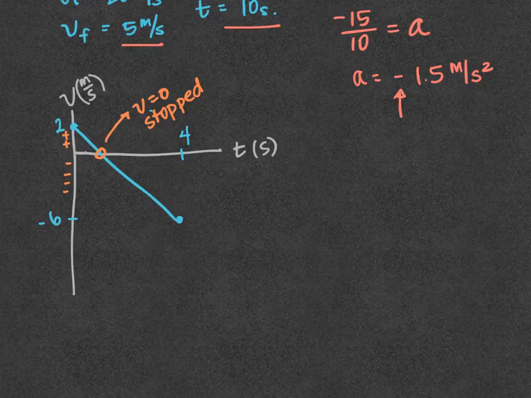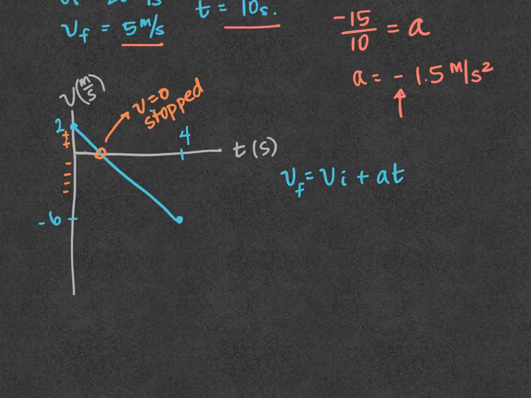So in this case, I can still use the slope form to find the acceleration, or I can think of this as one of my v final equals v initial plus at. So my final velocity is negative 6. My initial velocity was 2.